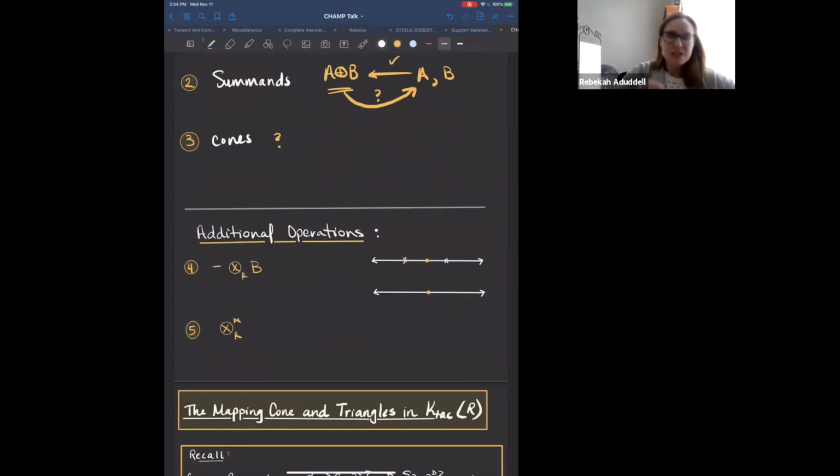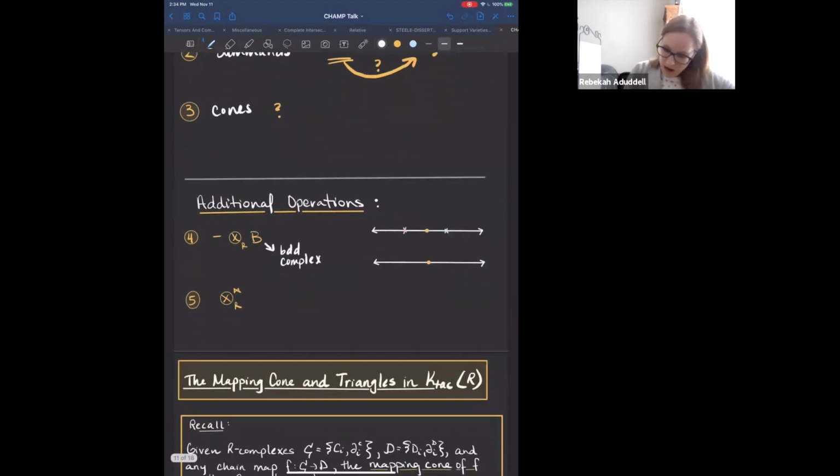The first is this operation where you fix a bounded complex and then define this functor where you tensor with that bounded complex. Then this would again be a totally acyclic complex. I'll just briefly describe it because it's a little bit easier to describe in this case.